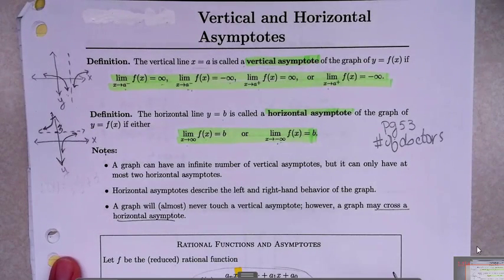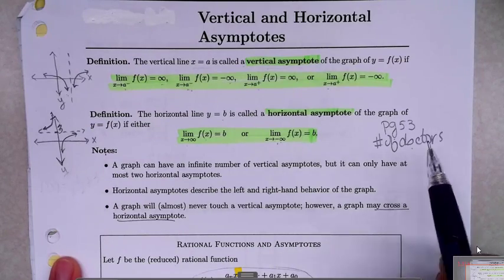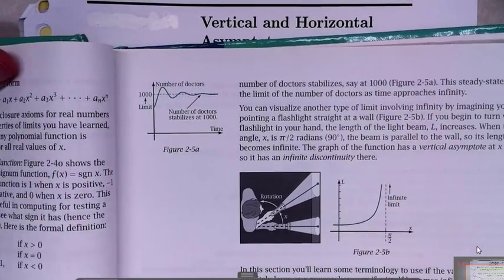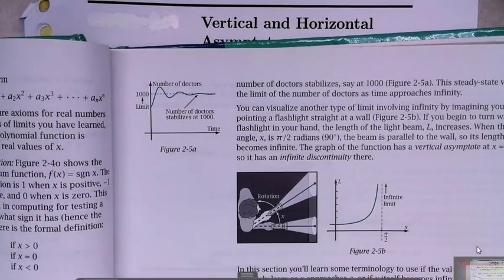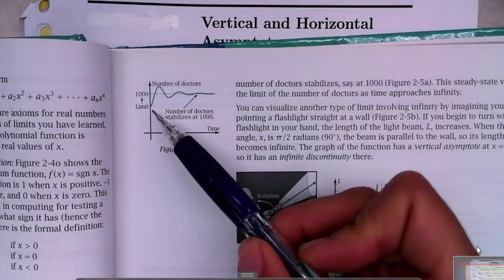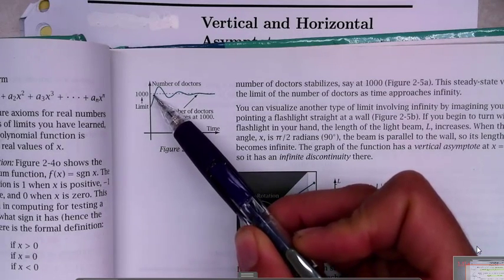All right, let's see. Oh, and there's a great example of a horizontal asymptote on page 53. It talks about the number of doctors. Basically what this graph is saying, and I would go back through and read it, but there's a shortage of doctors. The optimum number of doctors might be 1,000.